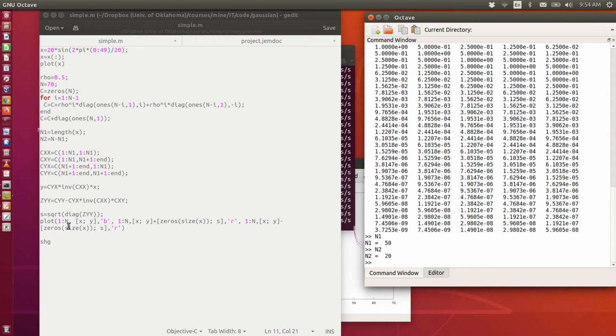X is the first 50 samples, the original input samples, and then we extend that with Y, the estimated one, and we plot it in blue. Then we plot another one with X and Y also, but we give an upper bound.